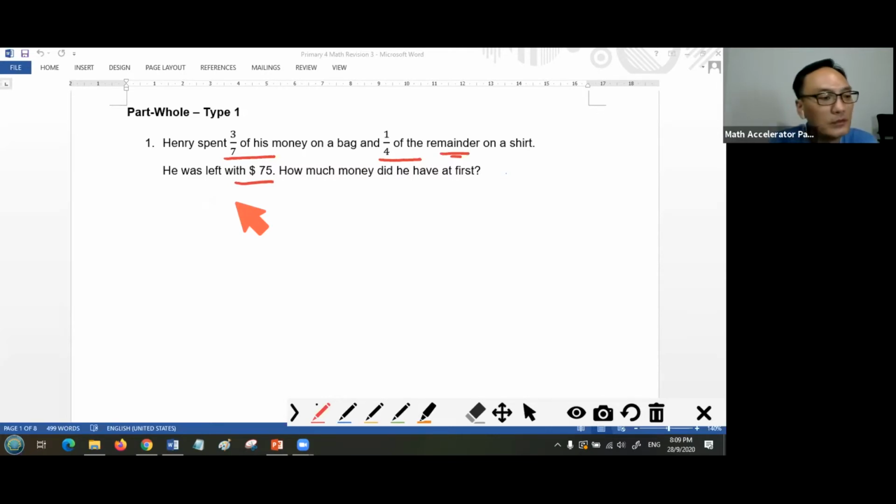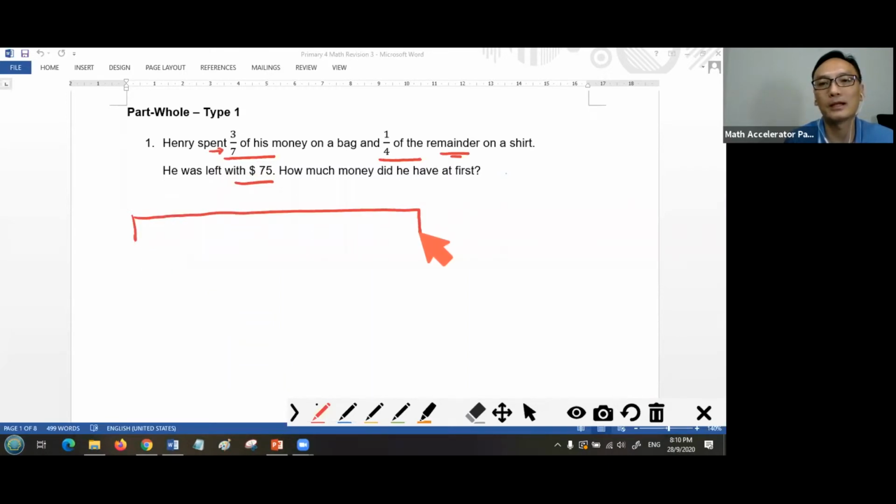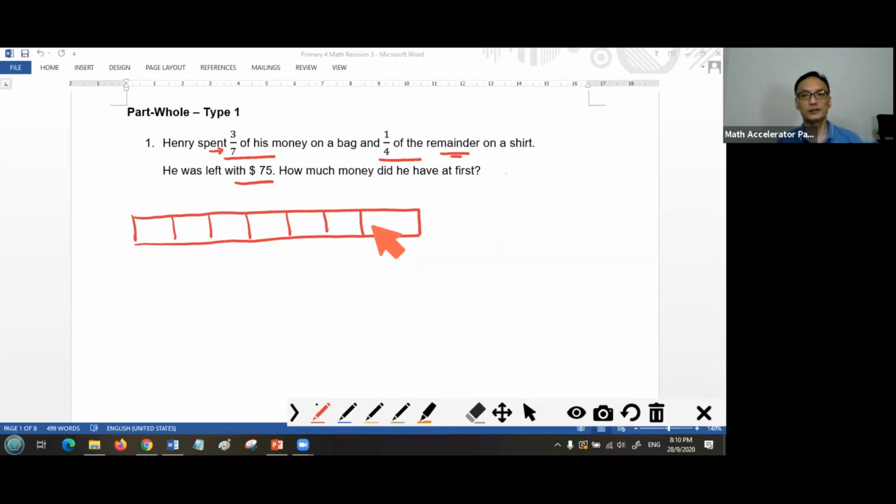As I mentioned, the first step is to identify the number of units in the whole. We can see that the denominator is 7. Therefore, we're going to draw 7 units. So I would like you to draw 7 units. Right, we have 7 units here.